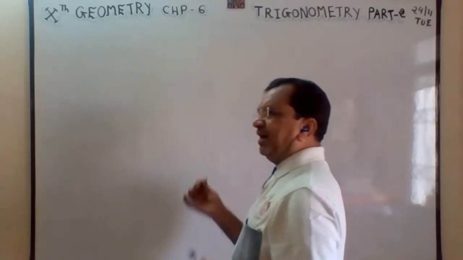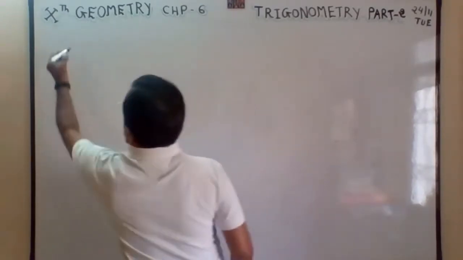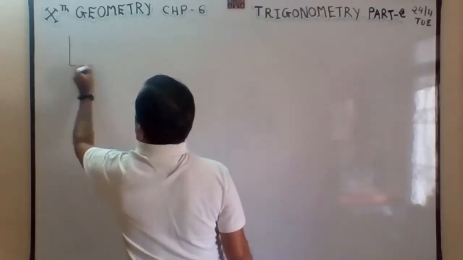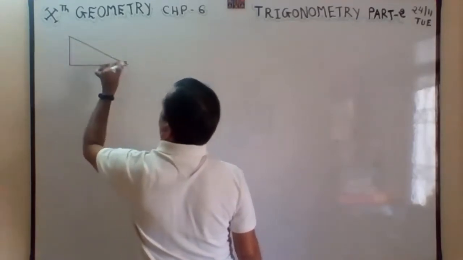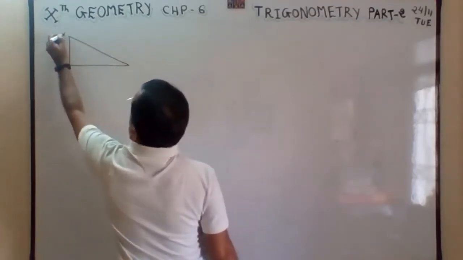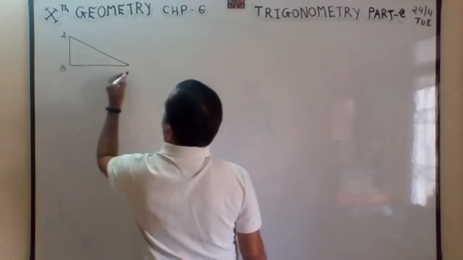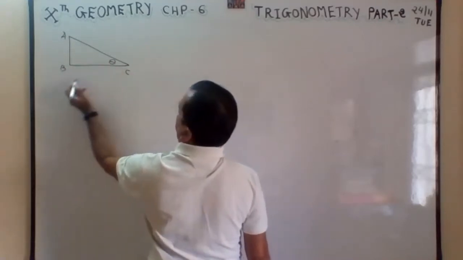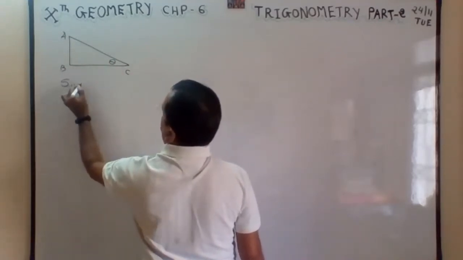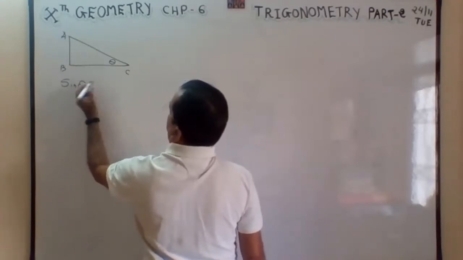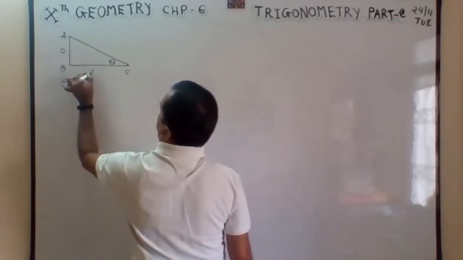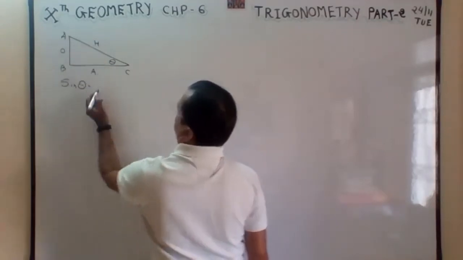Sin theta is 7 by 25. Take triangle A, B, C with this theta. For this theta, this is opposite, this is adjacent, this is hypotenuse.